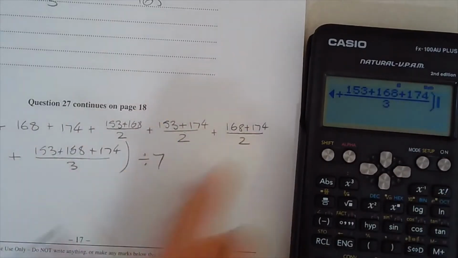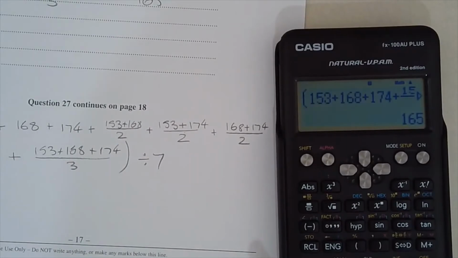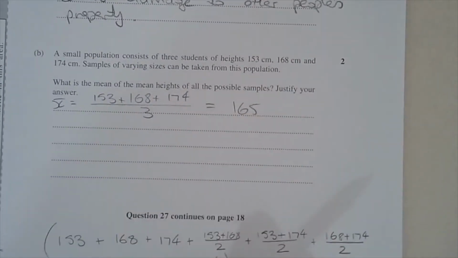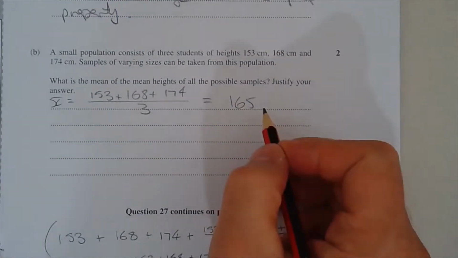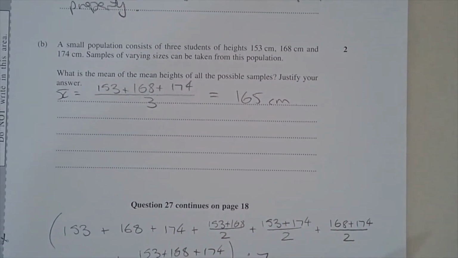Now these are all the means, and let's divide all that by 7. And we get 165. So at least in this instance, applying this theory, the means of all the possible samples we could just work out by taking the mean of the population itself.